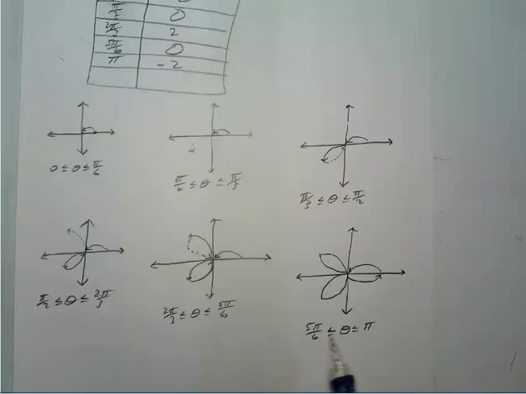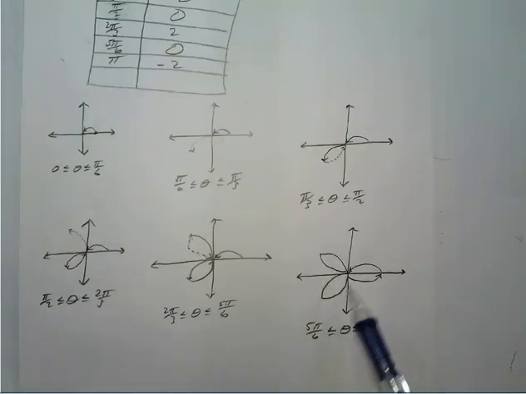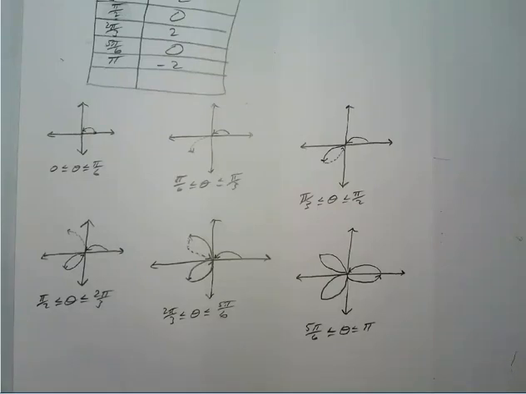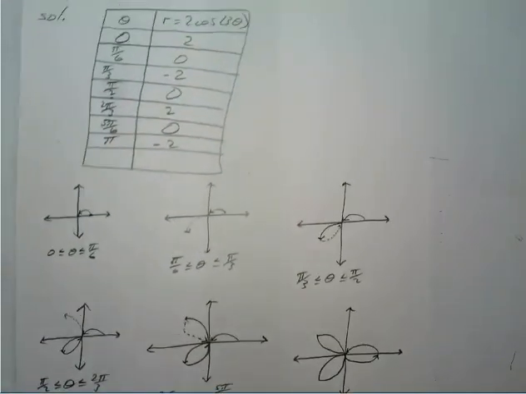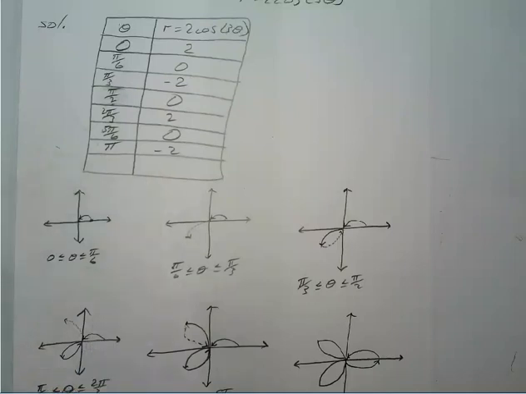Okay, so going from 0 to pi gives you your first curve. If you go any higher than that, it just traces over it, so it won't look any different. Okay, so remember, just a quick recap of what we did here. Excuse my crooked table. We just plugged in various values for theta.